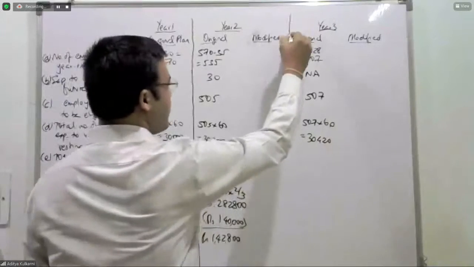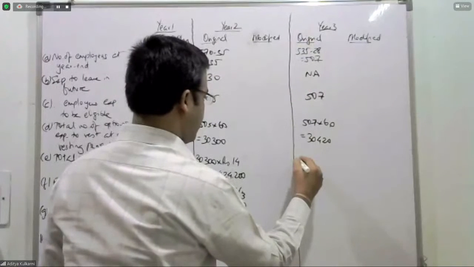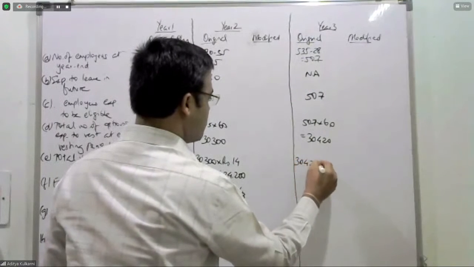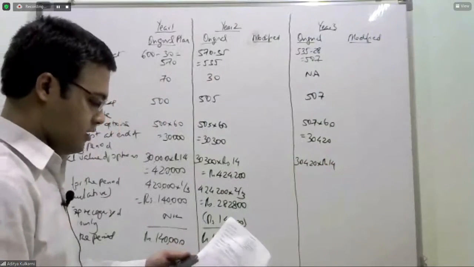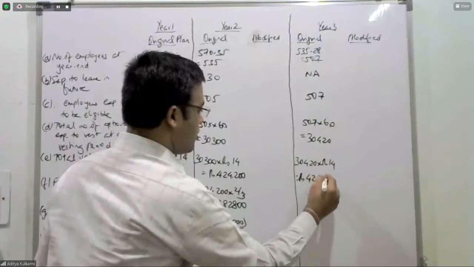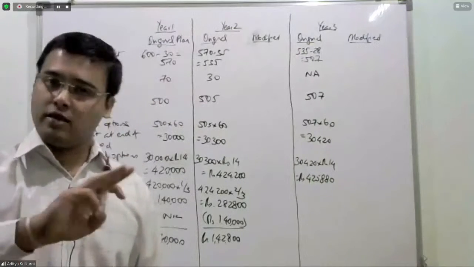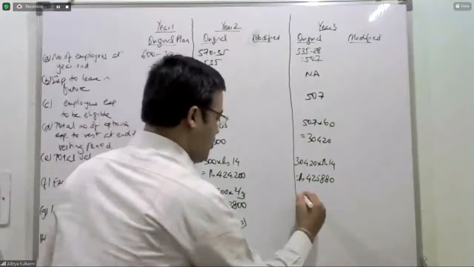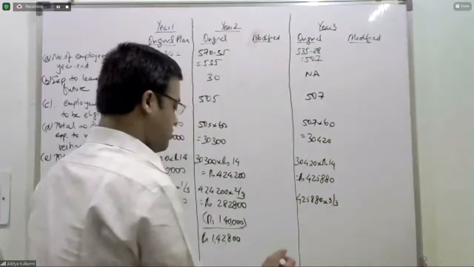So what will be your price now? 30,420 multiplied by rupees 14. So 4,25,880. This is the expense for how many years? The entire 3 years. So the proportion will be 4,25,880 into 3 by 3.